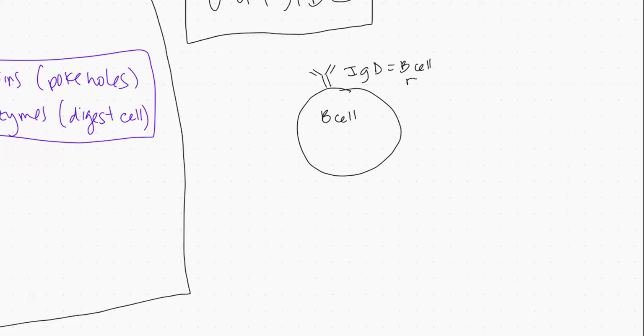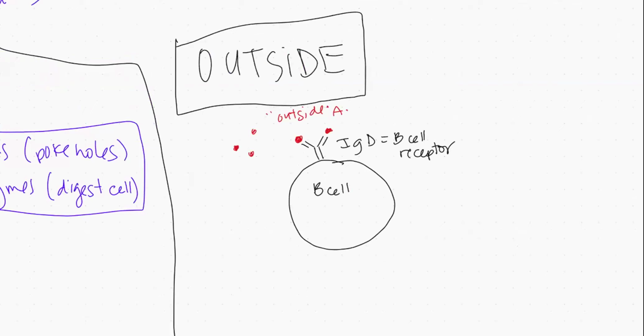And then that's going to find antigen that it encountered outside in the lymph nodes. So we're in the actual lymph node and we're filtering out that lymph.